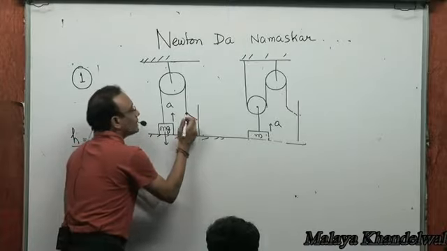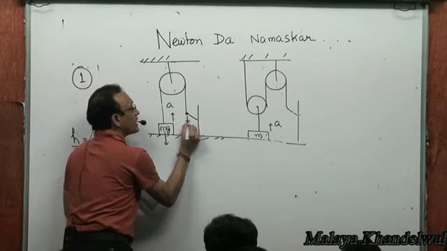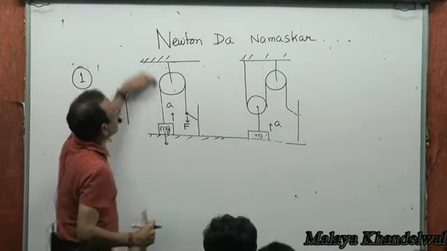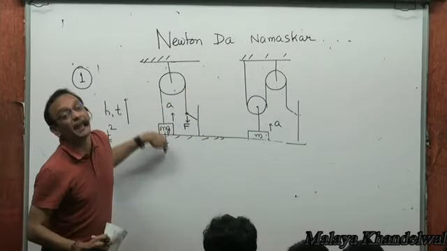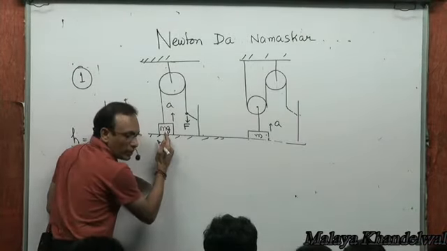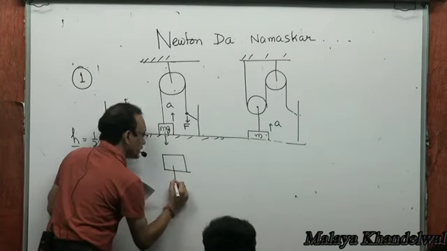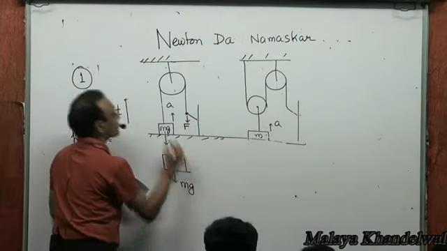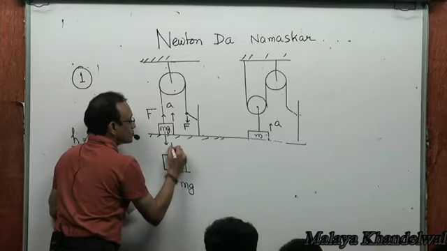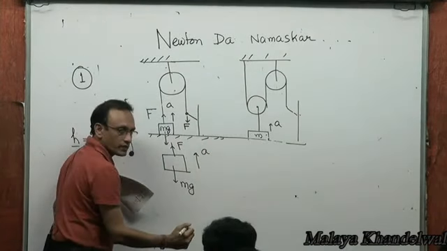Now, if this man pulls this down with a force F, then the tension produced at all points in this string is going to be F. Now, given this, if I look at the free body diagram of mg, then mg like this, the tension in this string is going to be F, producing an acceleration A upwards, right?